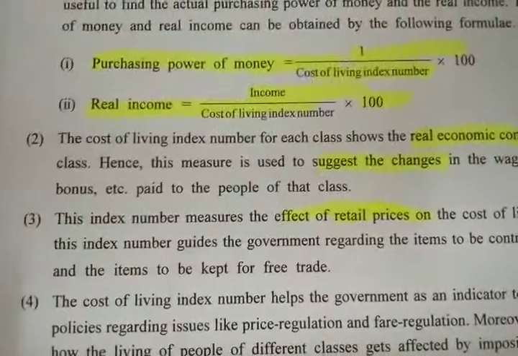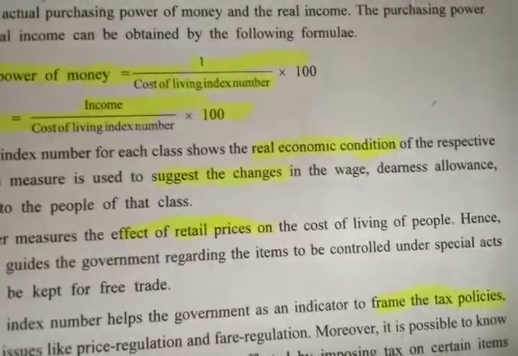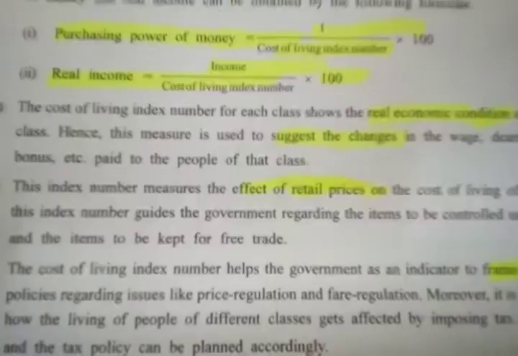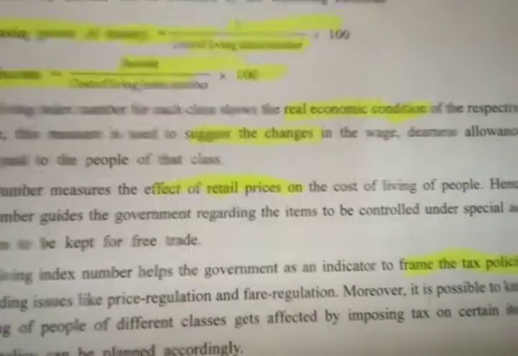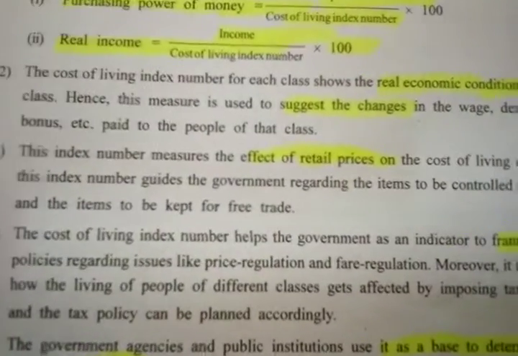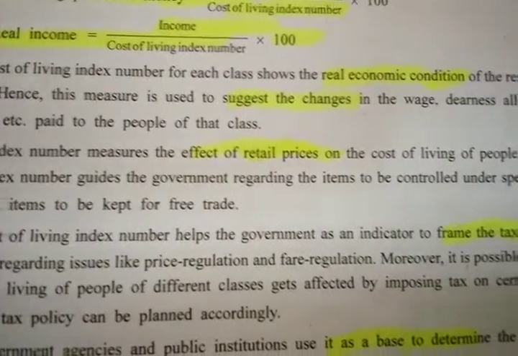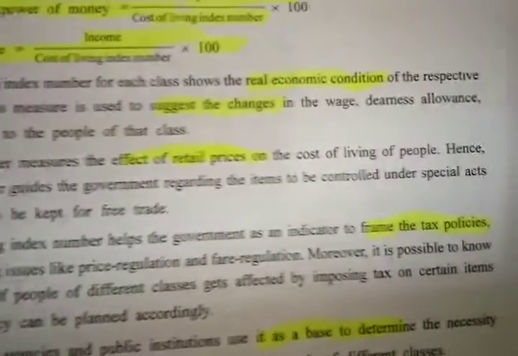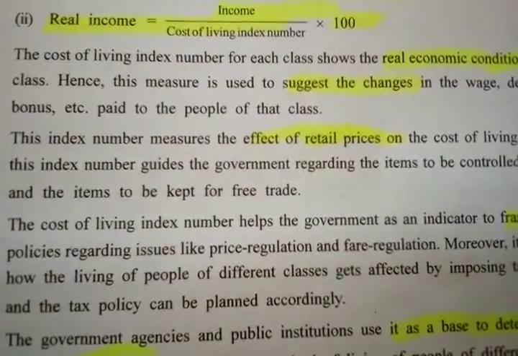The cost of living index number helps the government as an indicator to frame the tax policies regarding issues like price regulation and fare regulation. Moreover, it is possible to know how the living of people of different classes gets affected by imposing tax on certain items, and the tax policy can be planned accordingly.